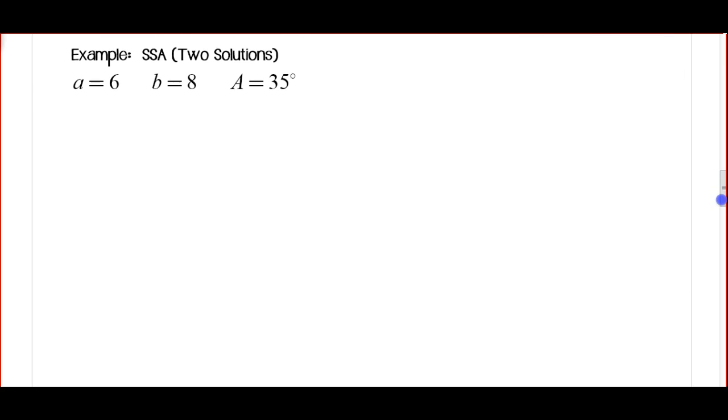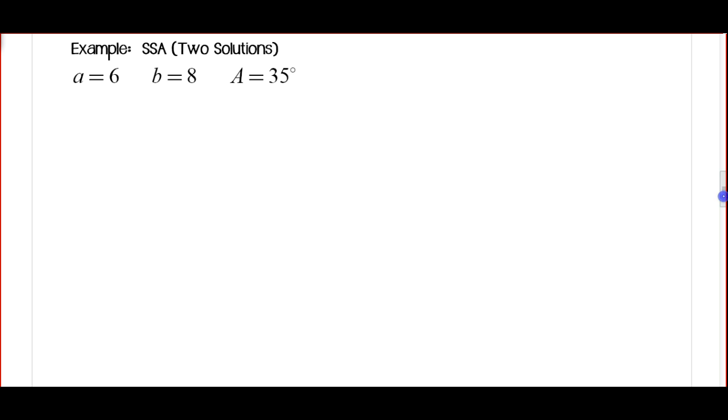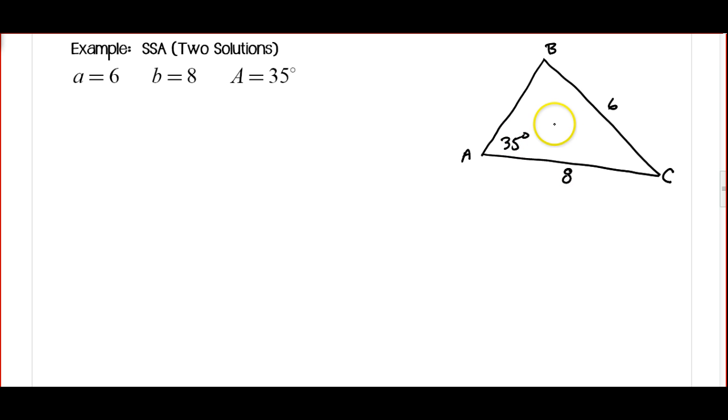Moving on to a two-solution case. So again, a quick sketch of a triangle. I've got A, I've got B, I've got C. This is 6, this is 8, this is 35. Alright, so I see I have another side-side-angle case.